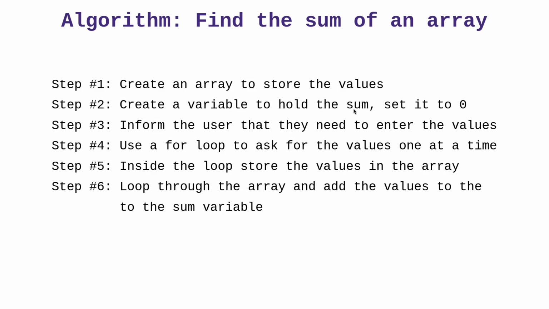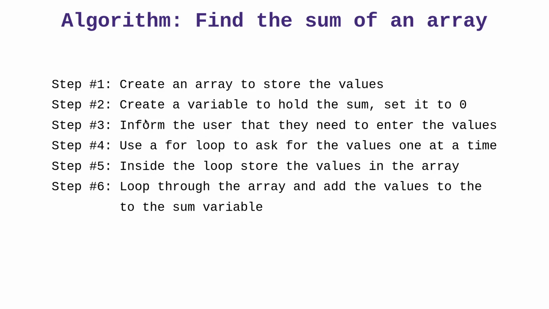We need to create a variable that we set to 0. This is the reason why our answer will be the correct answer. If we skip this step, specifically where we set the variable to 0, then our sum will not be correct.